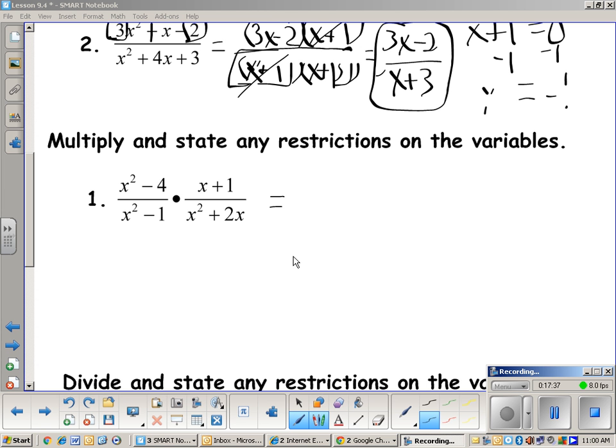Okay, well, we'll start with this baby right here. X squared minus 4. X squared minus 4, okay, is something called the difference of two squares. All right? And you probably remember that from Algebra 1.